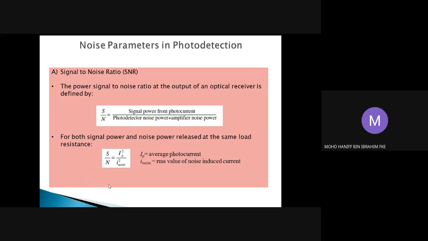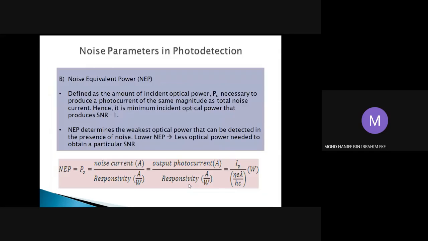And we have learned that the I noise might be contributed from the shot noise current and also the thermal noise current. These are the things that we have learned last class, in the last videos posted on YouTube.